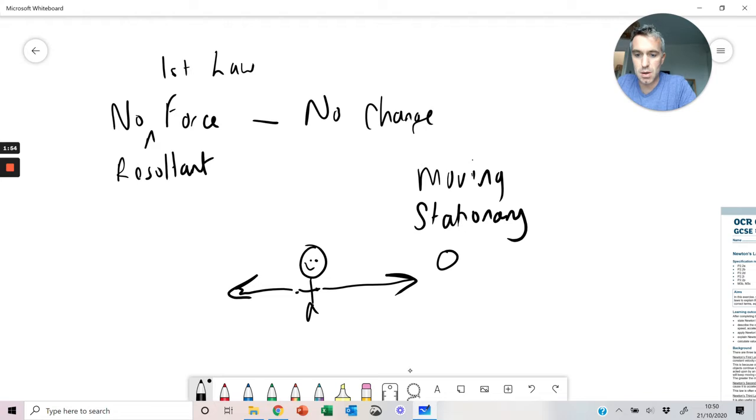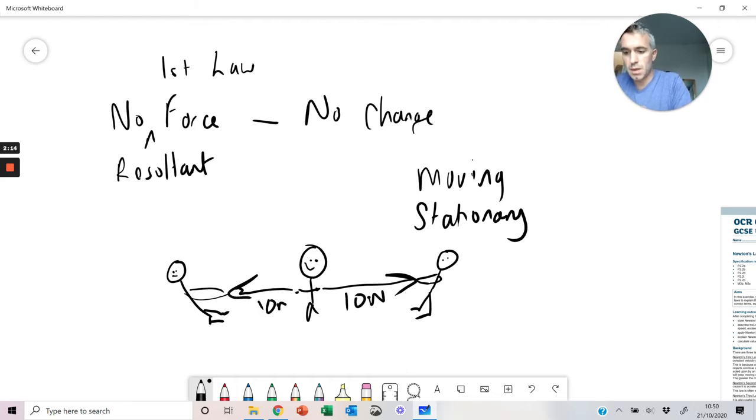And there's one person pulling them this way and another person, even longer arms, pulling them that way. And this person's pulling with 10 newtons and this one's pulling with 10 newtons. So what happens is this force and this force cancel each other out, and so therefore it's the equivalent of having no forces.